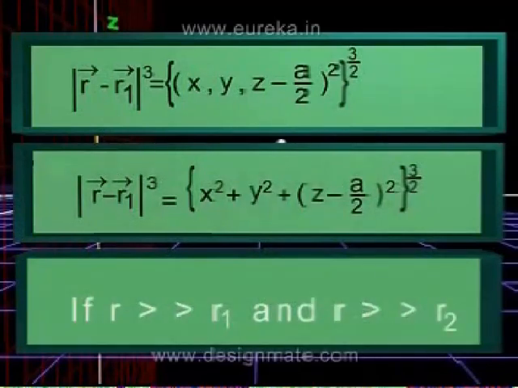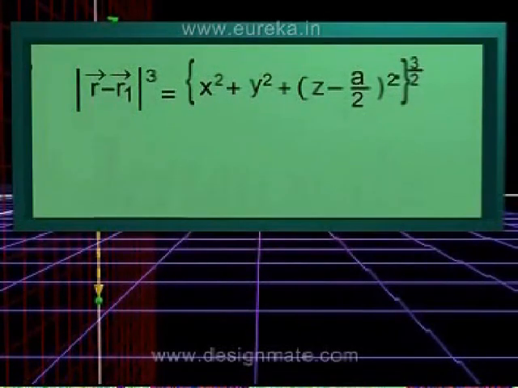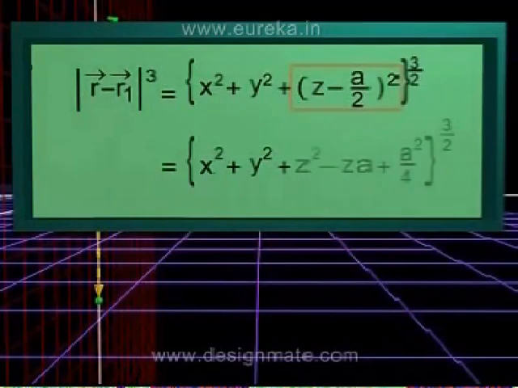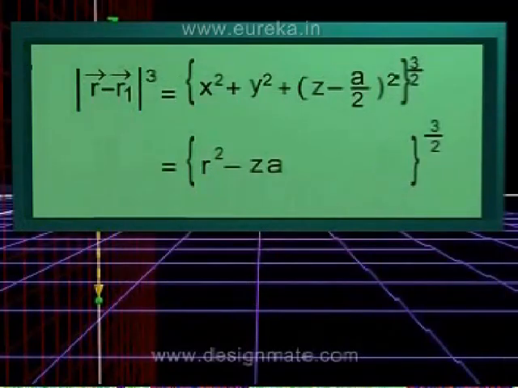If r is greater than r1 and r is greater than r2, then modulus of vector r minus vector r1 cube is equal to (x square plus y square plus z squared minus za plus a square upon 4) raised to 3/2. Neglecting a square upon 4 in comparison with r square, that is equal to (r square minus za) raised to 3/2.